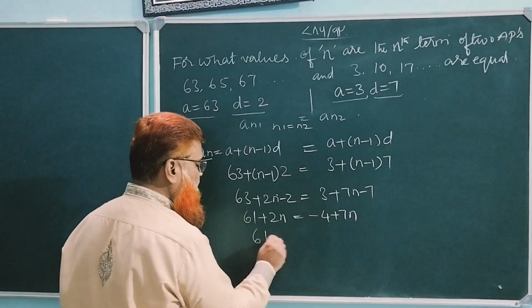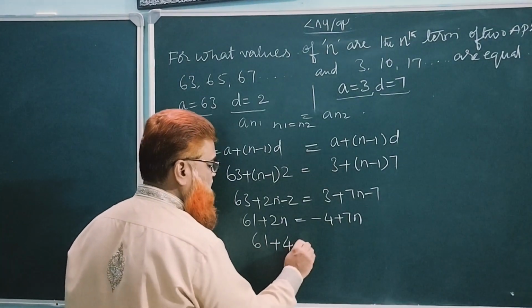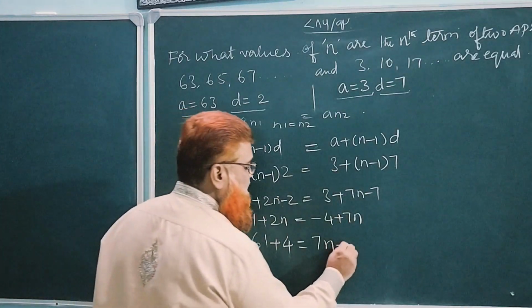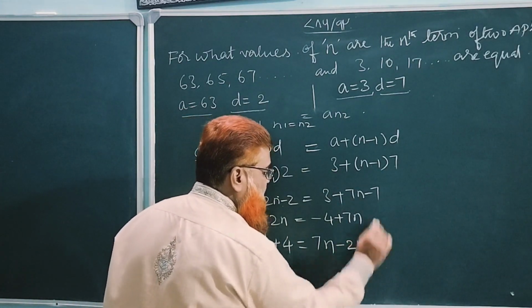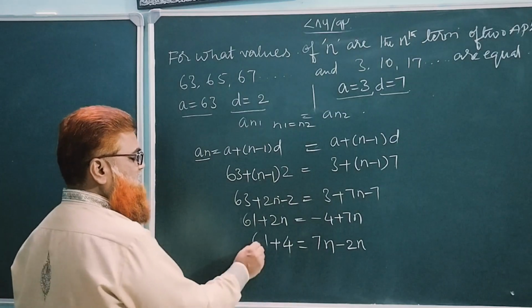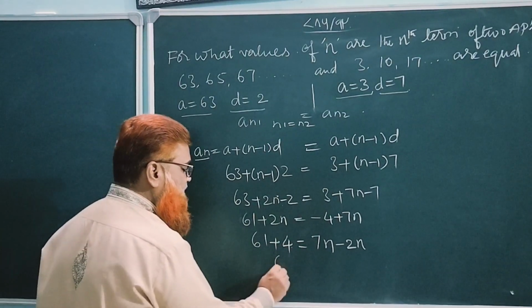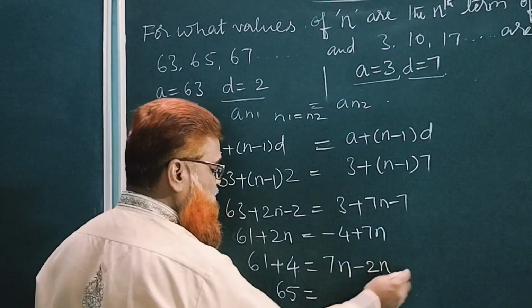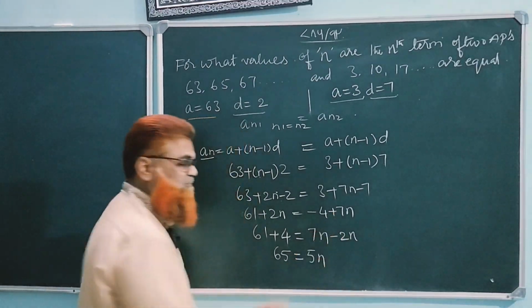This minus 4 is transposed to the left side, 7n, and plus 2n is transposed to the right side, it is minus 2n. 61 plus 4 is 65, equal to 7n minus 2n, it is 5n.